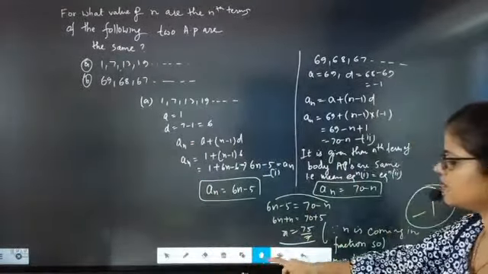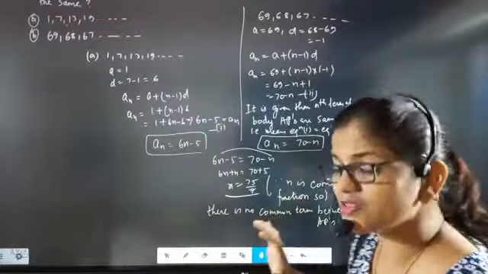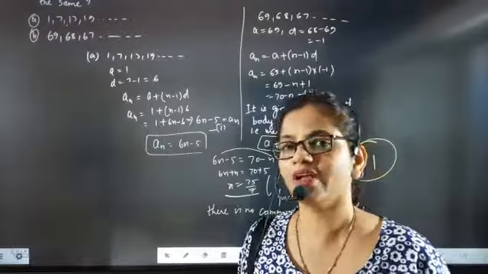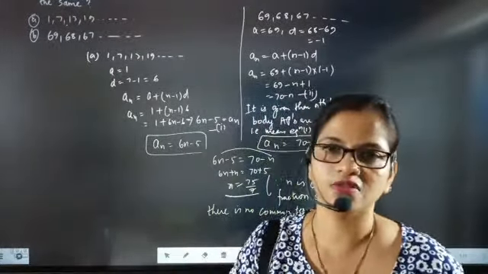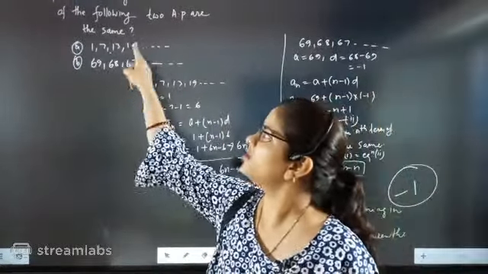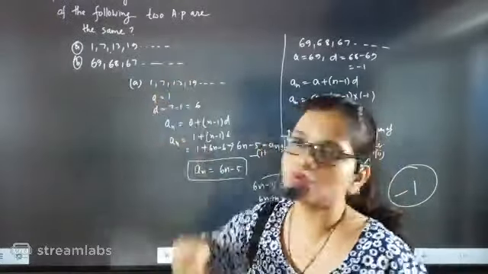Look here. In 2006, if someone wrote the exam, beta, that person might have cried because of the last part. Look here. They are exactly asking which term is common between these two APs.